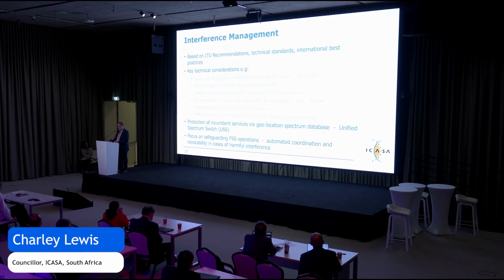Some of the key considerations of what will be looked at in the database are the location of the proposed wireless access system and the radio propagation characteristics. There are obviously distance checks between where the spectrum was requested and where existing incumbents have spectrum.